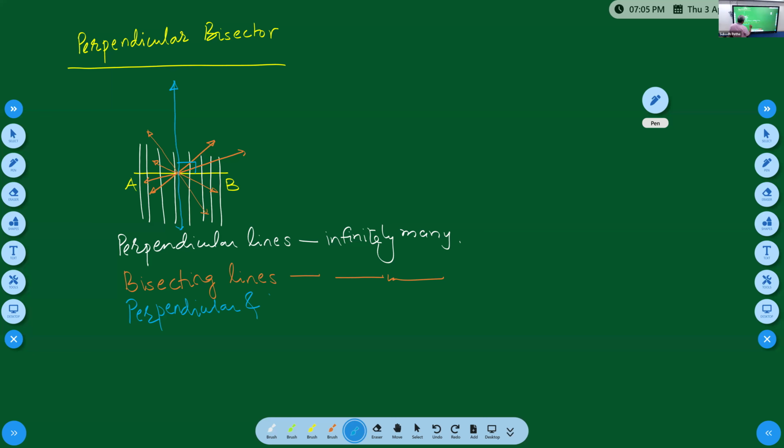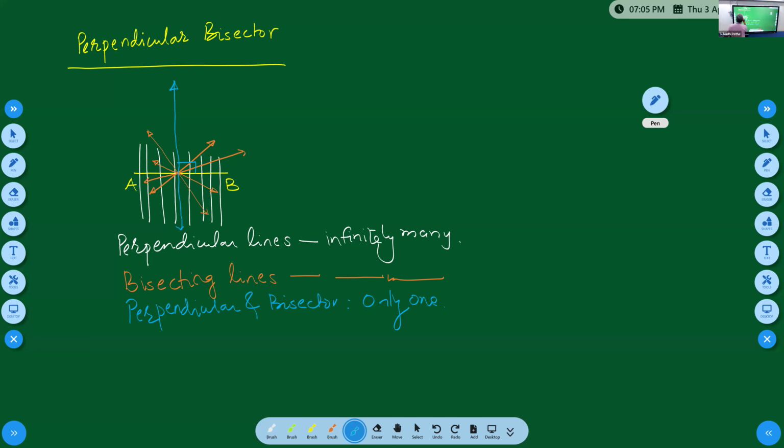Perpendicular and bisector. Only one. Unique line. Therefore, it is a very important line in geometry. It is not only perpendicular, but also it bisects the segment.